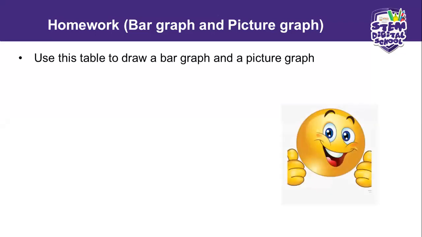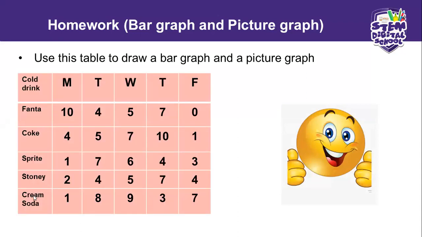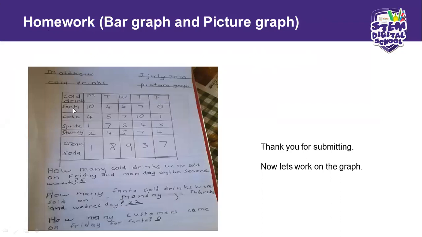So this was the homework. We were given a table. So you were required to draw a bar graph and a picture graph using this information. Let's see who sent. Okay, Matthew. Matthew sent us his homework. Right, and then there's the table there.